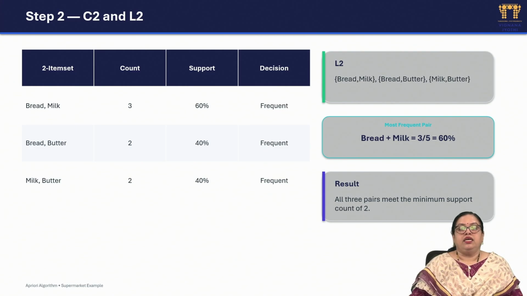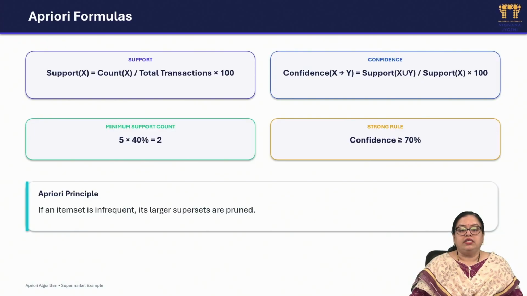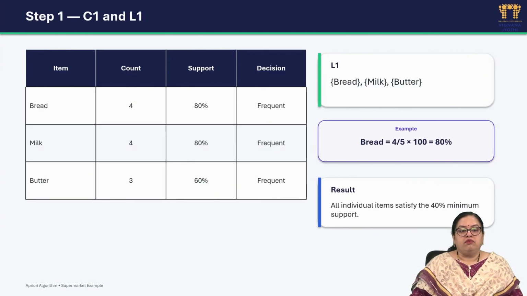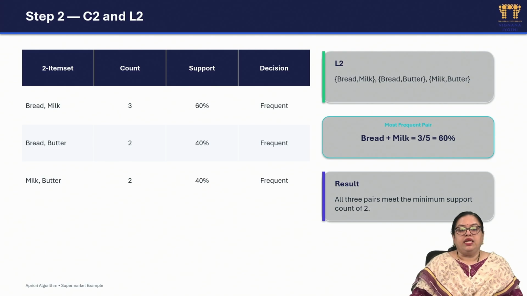For bread, milk, if we go back to the main data set, how many counts are there? Look, T1 has bread, milk, T3 has bread, milk, T5 has bread, milk. So the total is 3. Next, bread, butter: T2 has bread, butter, T3 has bread, butter, so 2. Next combination is milk, butter.